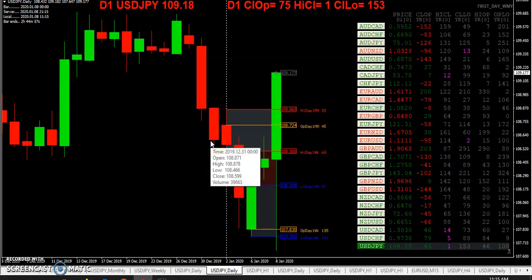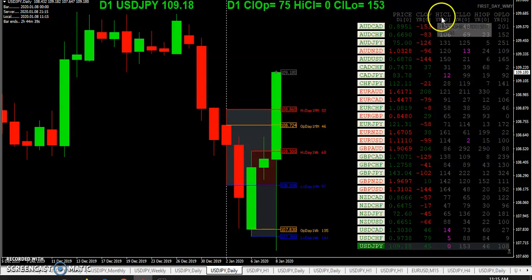Once again, very simple stuff. Nothing complicated. This particular configuration of the dashboard is just showing where price is in relation to the year. So you see we're making a new yearly high, 153 pips off the yearly low.